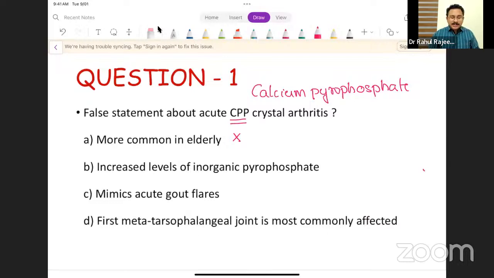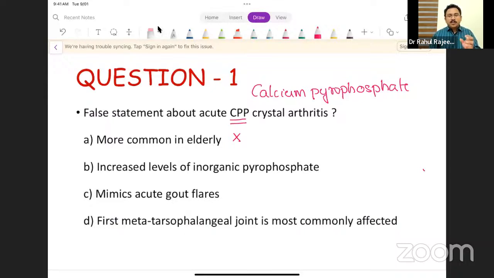The second option is increased levels of inorganic pyrophosphate. In case of gout, we know that there is accumulation of uric acid, right? In case of CPP arthropathy, or CPPD disease, which is calcium pyrophosphate dihydrate disease, you will have increased levels of inorganic phosphate.